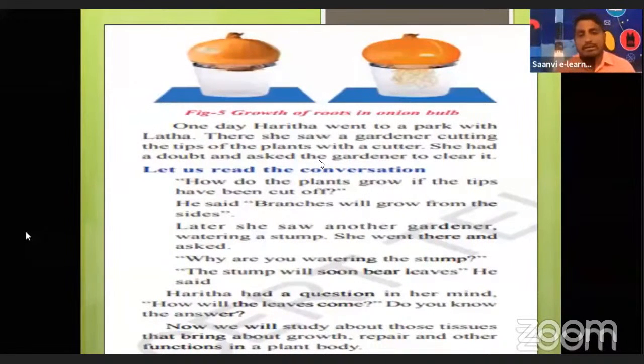So she went there and asked, why are you watering the stumps? She got a doubt. Then the gardener said, a stump will soon bear leaves.